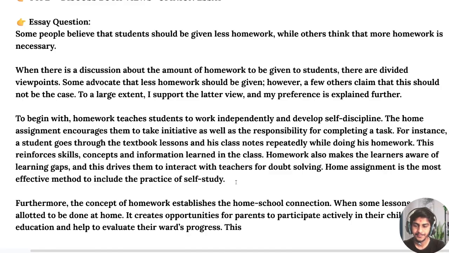This fortifies the fundamentals of learning.